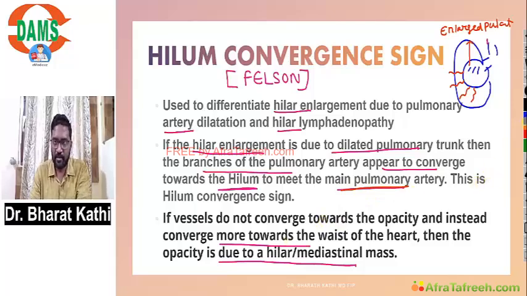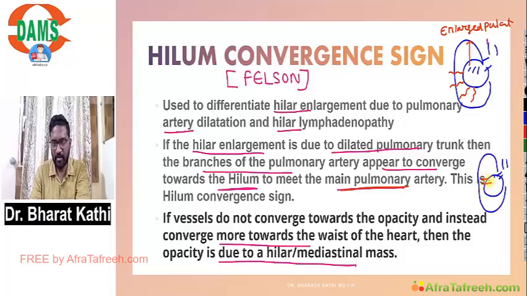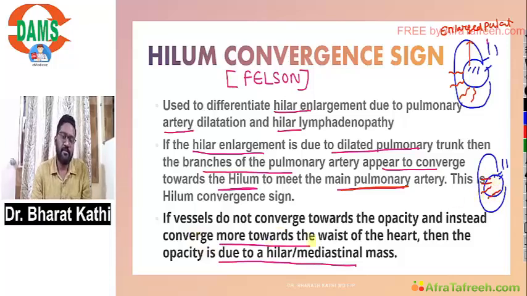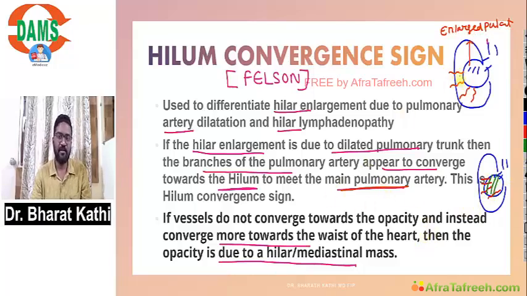Now, if there is a mass like this, and you feel the vasculature is not going into the opacity but going into the heart, then this is not a blood vessel, this must be a mass. If they are converging directly into the border of the mass, most probably it is an enlarged pulmonary artery.